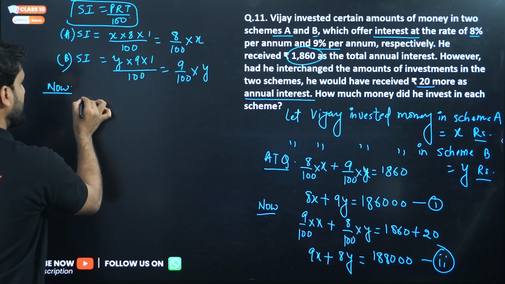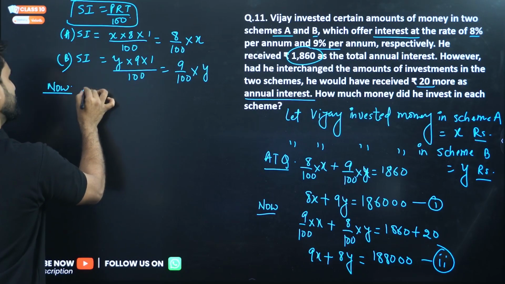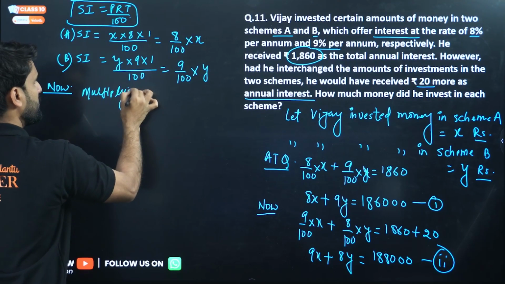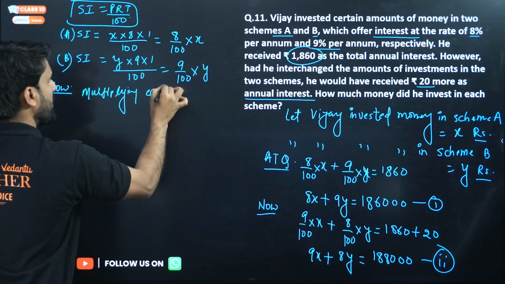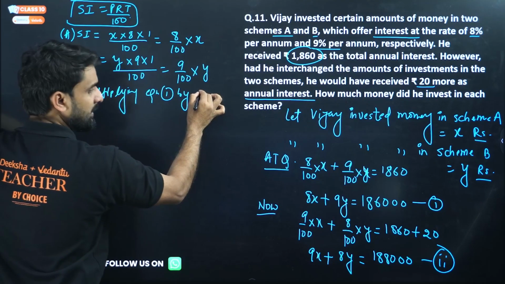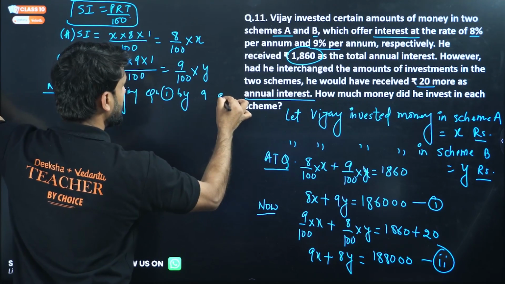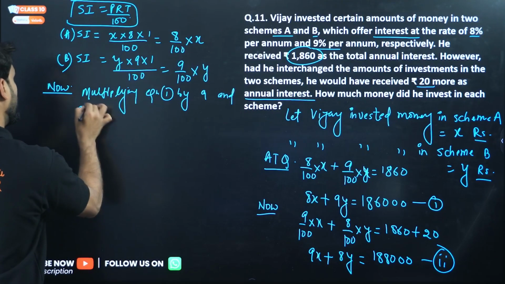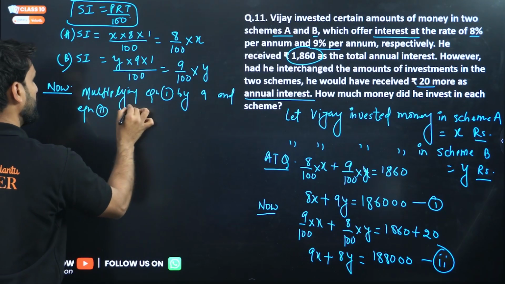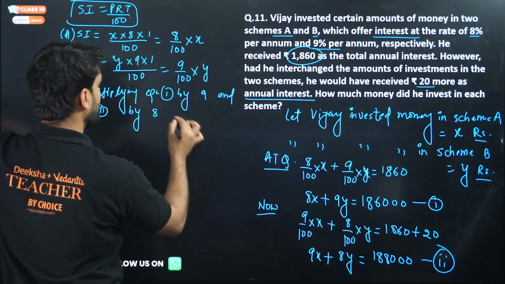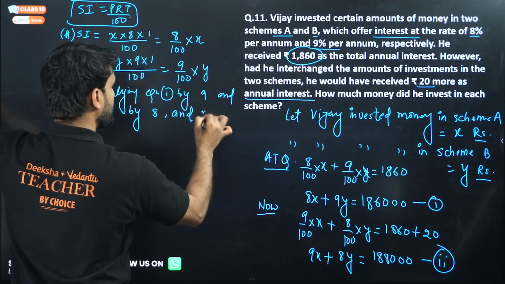Just write first the information. Multiplying equation 1 by 9, because I want to make this 72, and equation number 2 by 8, because I want to make this 9 as 72, and subtracting.